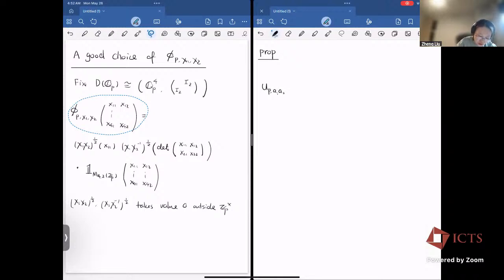So if I act by the UP operator from SP4, this will be equal to a scalar times the UP operator from O4 acting on it.